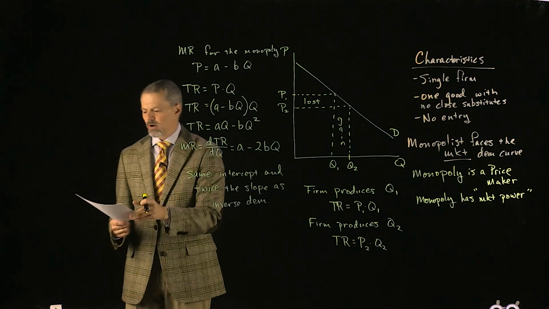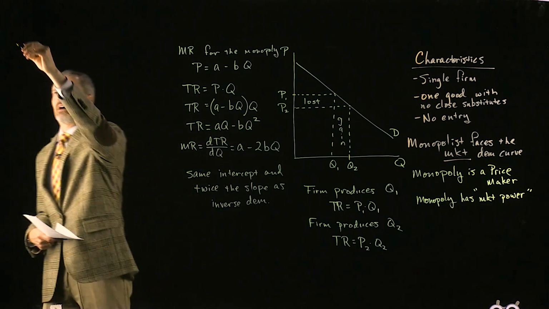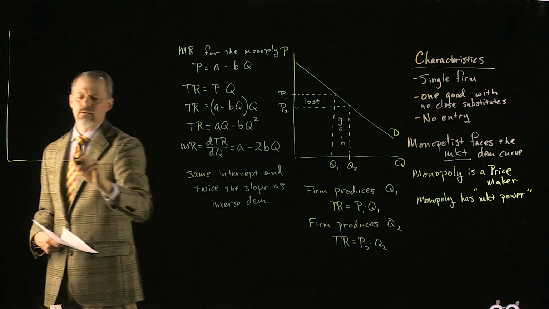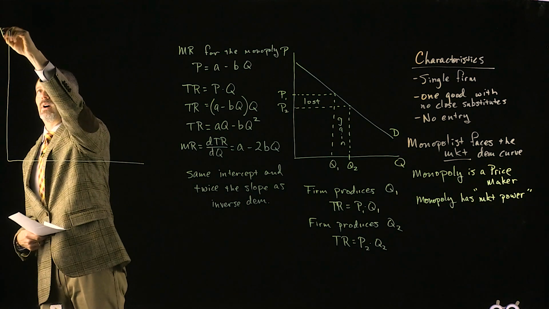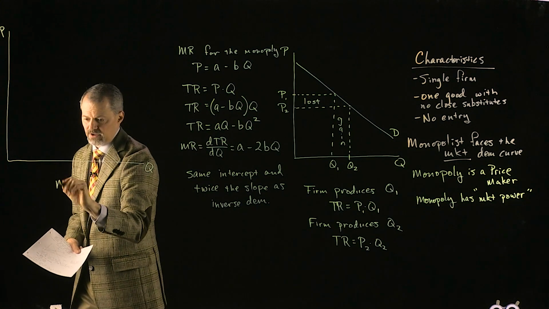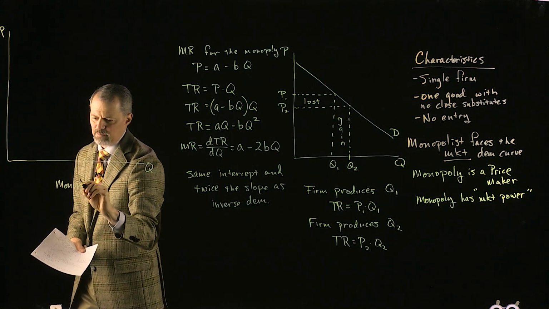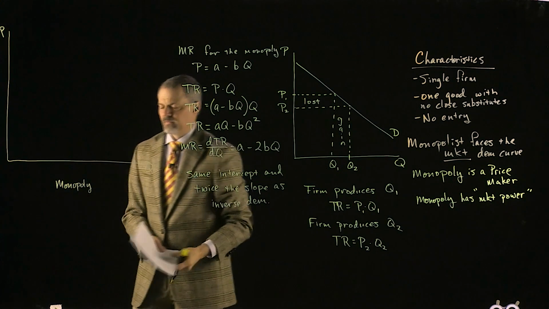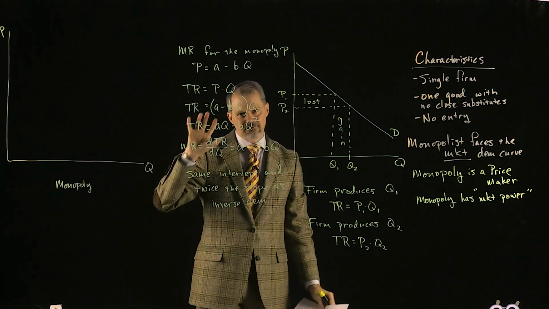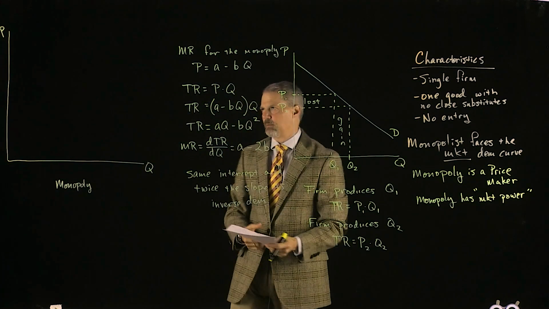So now let's draw a picture of the profit maximizing choice for a monopoly. I've got price up here, I've got Q down here. Let's label this as monopoly. It's a picture of the firm. It's also a picture of the market, because the firm is one whole side of the market.